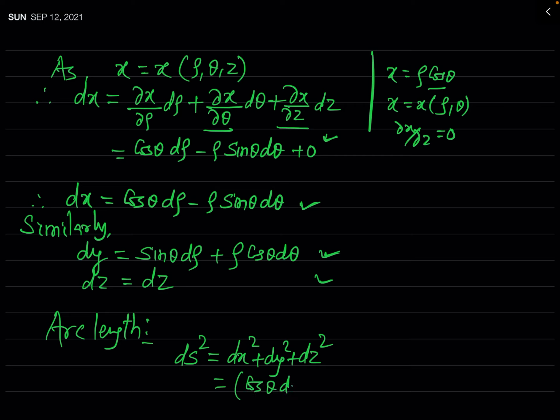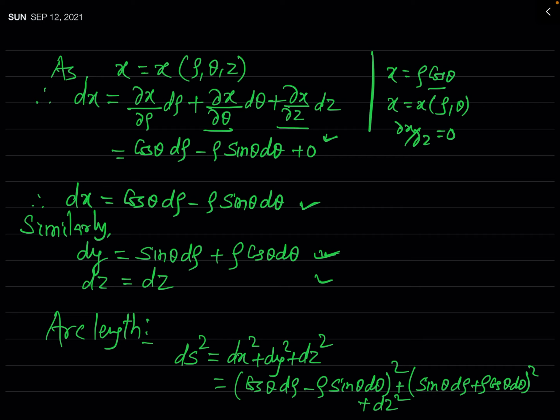So see here, this will be equal to cos theta d rho minus rho sine theta d theta, whole square. This is the value of dx. Plus dy, which is sine theta d rho plus rho cos theta d theta, whole square, and plus dz square. But here this is just simple algebra.